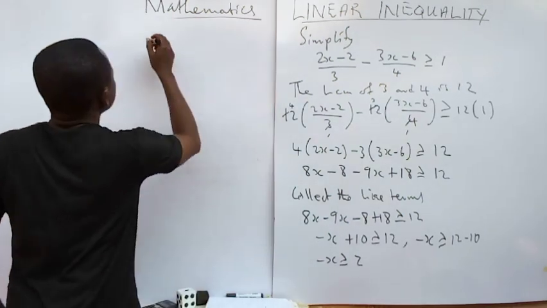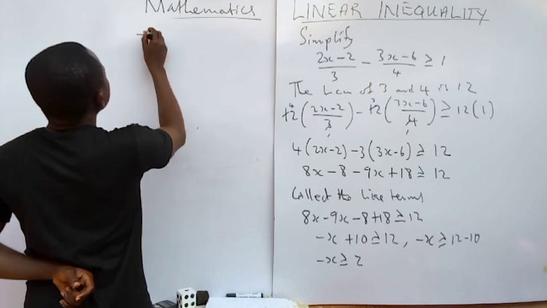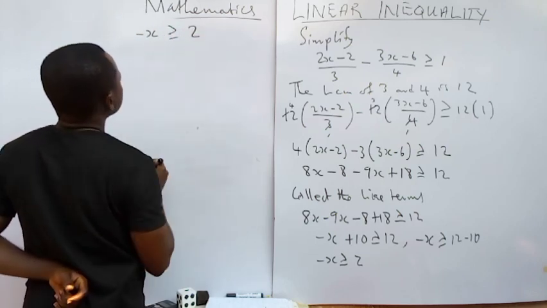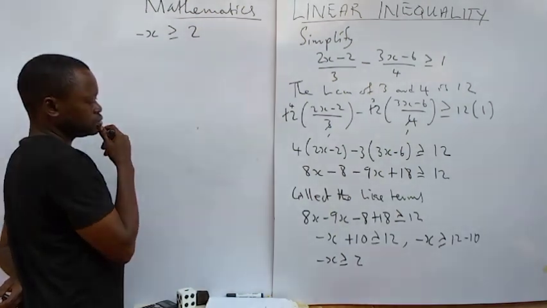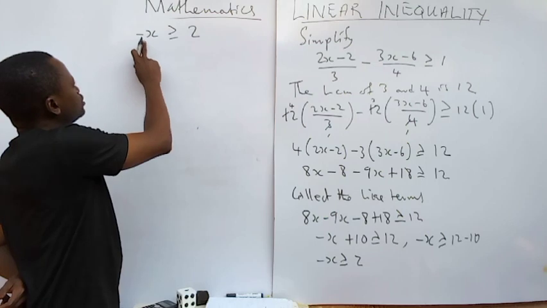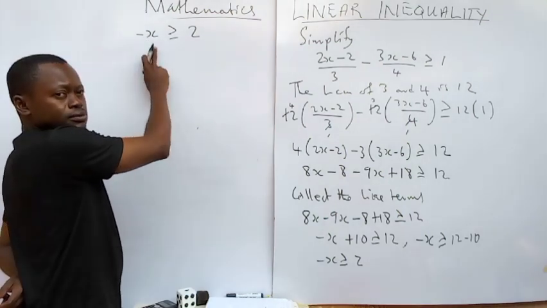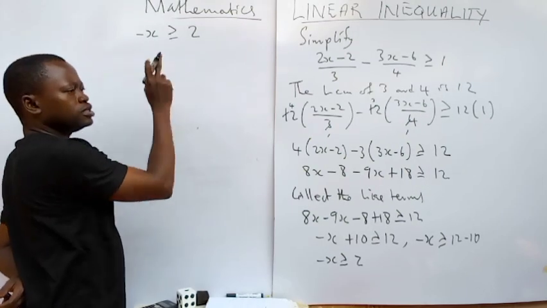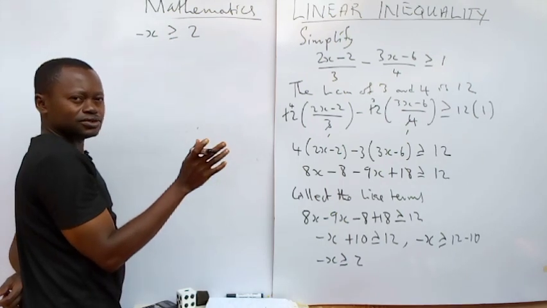So do you see that what we now have there is minus x greater than or equal to 2. This is the exact point where I want to bring us to. Do you realize that you now need to multiply both sides by minus 1, or divide both sides by minus 1? In doing that, this inequality sign changes. Do you get it?